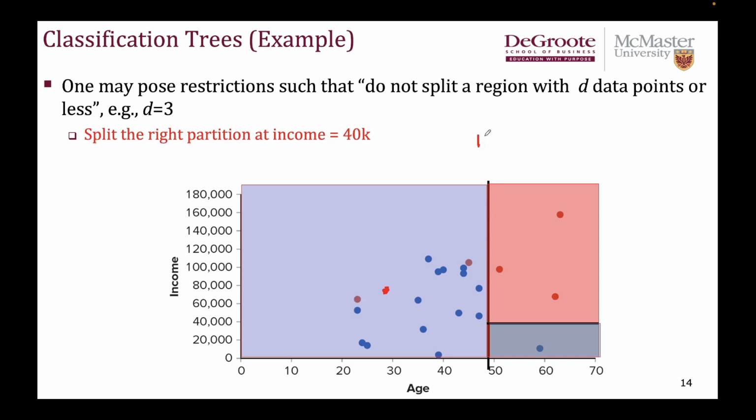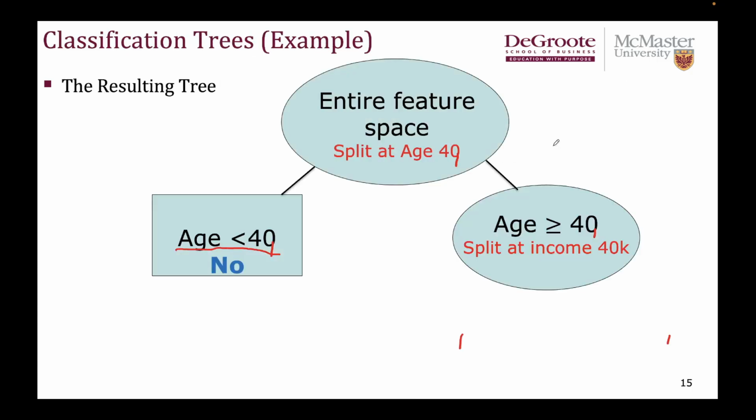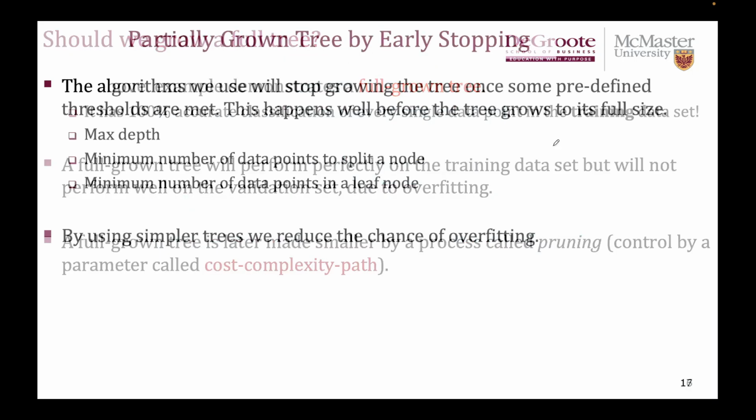So we have 14 blue points, 14 no's out of the 16 data points. So the chance of the customer in this region not purchasing the product can be calculated as 14 over 16, or 87.5%. Okay? So that's how this prediction model works.